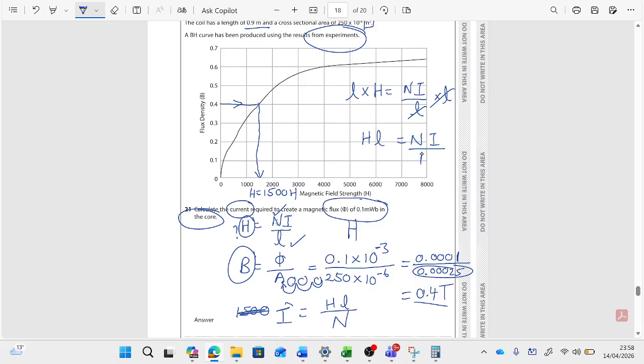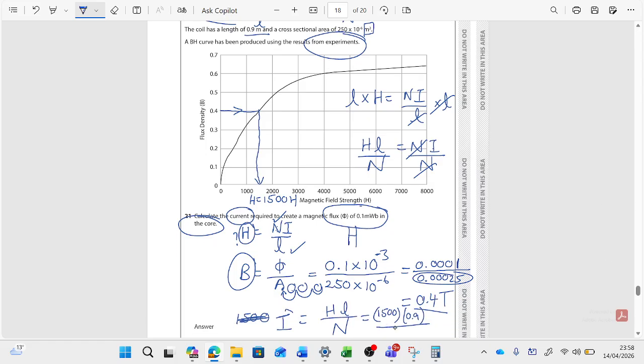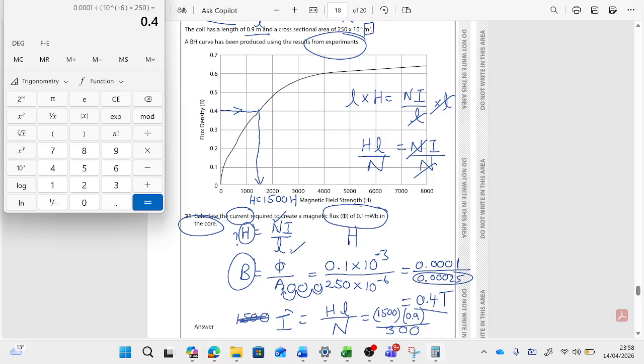Then I divide by N, so N cancels out, so I is equal to HL over N. And H is 1,500 times L, which is 0.9 meters in SI units, and then divide by number of turns, which is 300. And the answer will be in amps, and that is your answer for this question.